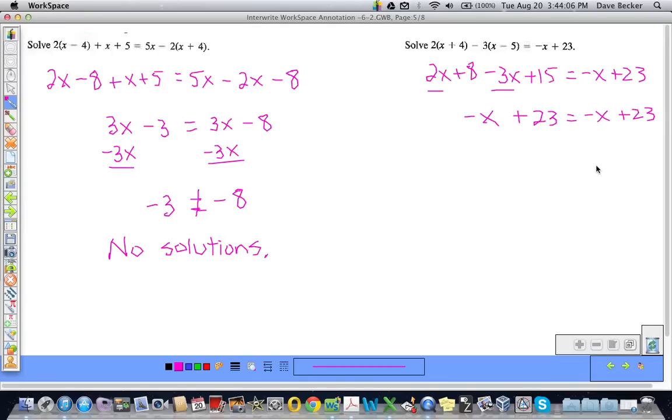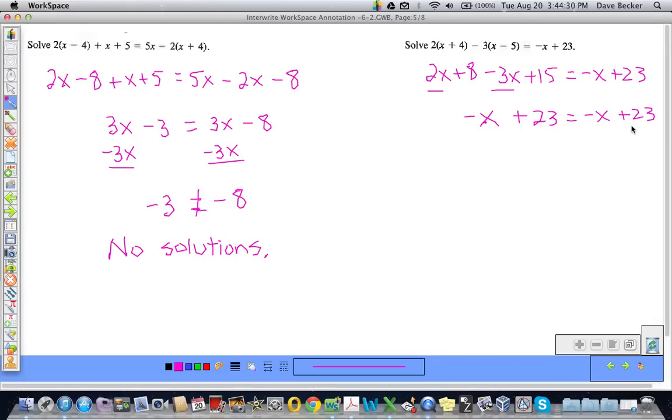Okay? And I have the exact same thing on either side of the equation. Let's think about this. Anything that I could replace x with would give me a true statement, like 1. Negative 1 plus 23 is 22. Negative 1 plus 23 is 22. How about 10? Negative 10 plus 23 is 13.